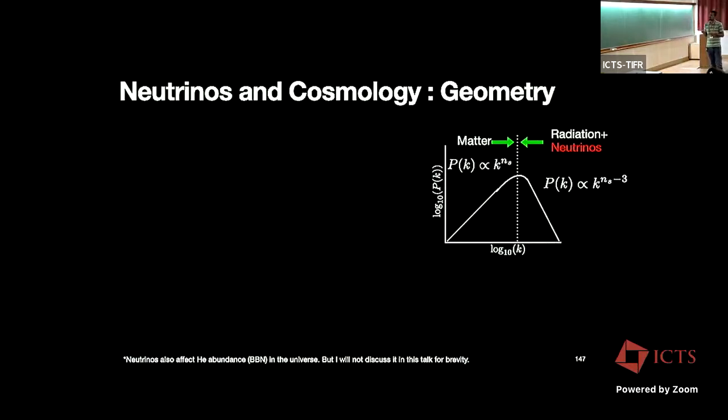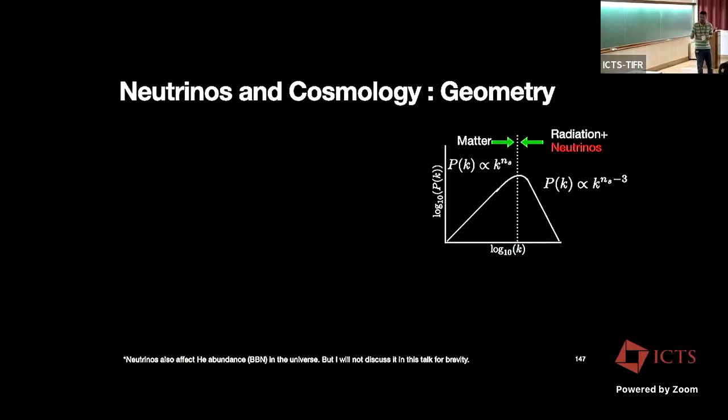Okay, so there are 2 ways cosmology can constrain neutrino, and these are called geometry and growth. I'll talk about each one of them. In terms of geometry, you have already seen this picture, right? We have the initial matter power spectrum, which goes as k to the n_s, and it goes through the whole process of Big Bang nucleosynthesis and CMB, after photon and baryon get decoupled and neutrino and proton free stream.